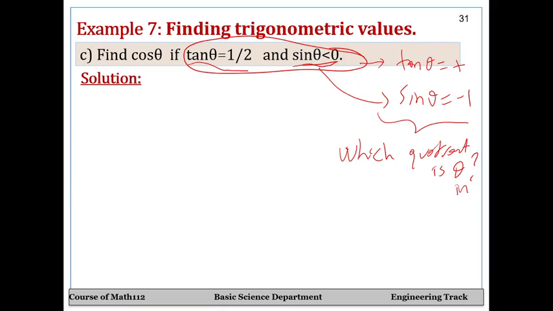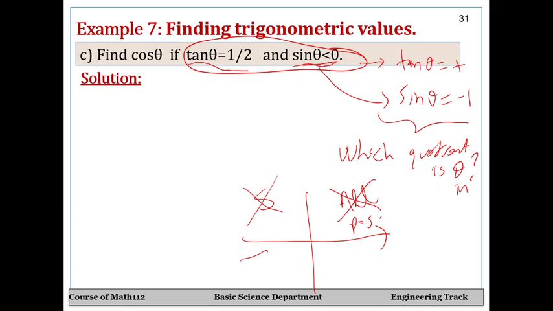Okay, which quadrant? So here, all STC, it cannot be all, because all positive here. We want only tangent positive. All S, sine positive, no. Tangent positive, cosine positive, and here sine is negative, but tangent here is negative also, so this cannot be the one, so it will be in the third quadrant.